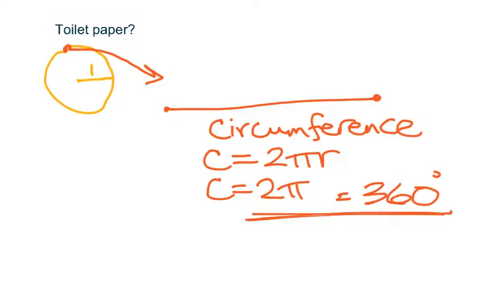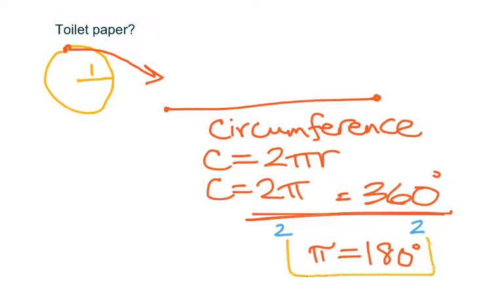So if 2 pi is equal to 360, you divide both sides by 2, and what you get is that pi is equal to 180 degrees. So that's where that first conversion comes from.